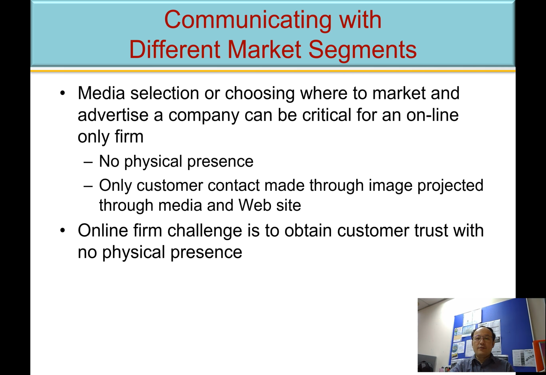Communicating with different market segments, media selection, or choosing where to market and advertise can be critical for online firms. Companies have many challenges in obtaining customer trust.